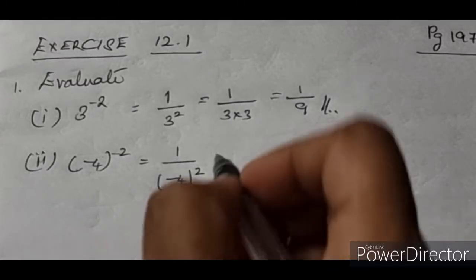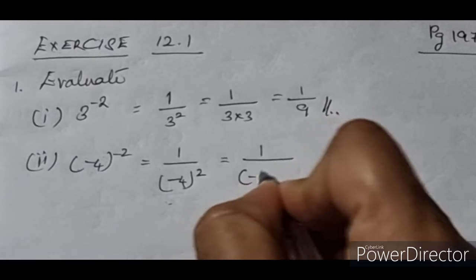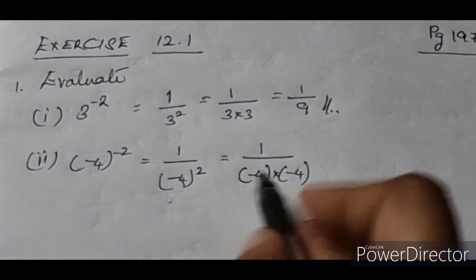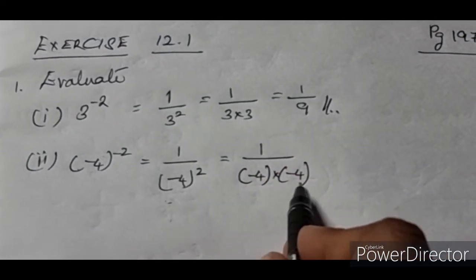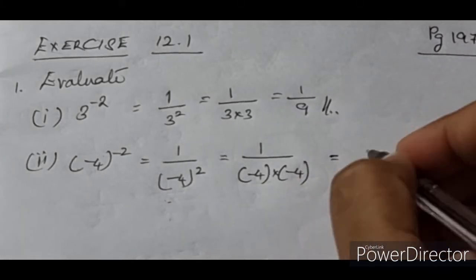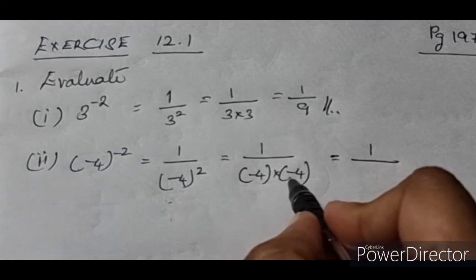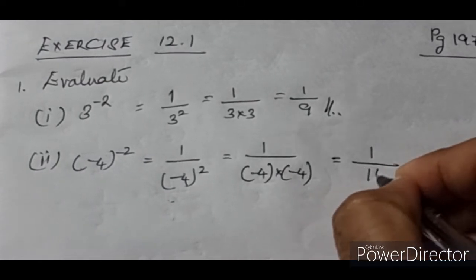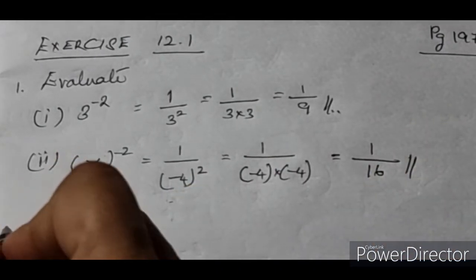So this can be written as 1 divided by minus 4 into minus 4. Minus 4 square can be written as minus 4 into minus 4. Minus 4 into minus 4 becomes plus: minus into minus becomes plus, and 4 into 4 becomes 16. So the answer is 1 by 16.